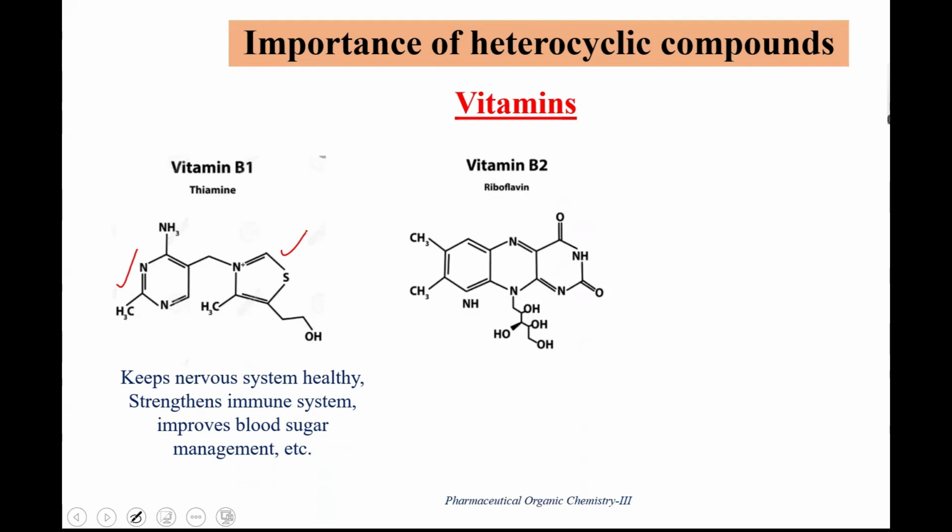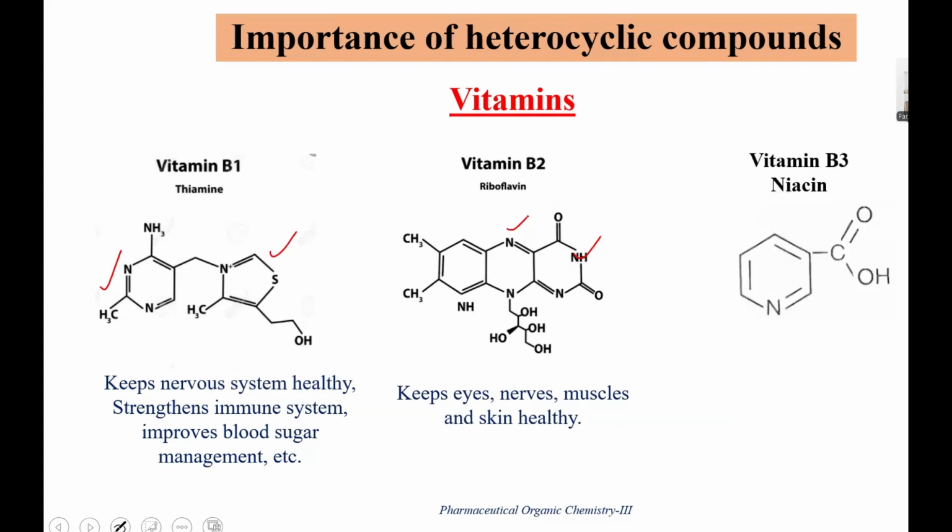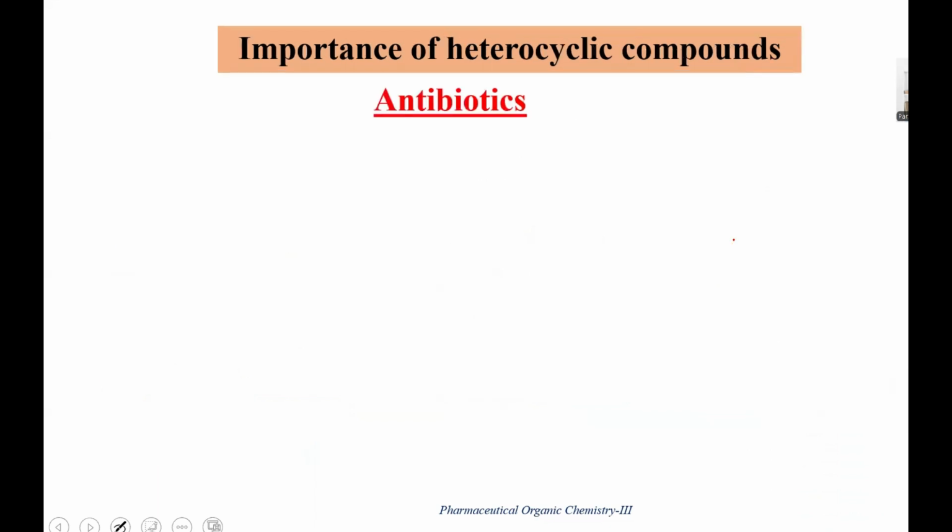Then vitamin B2, also known as riboflavin, also contains heterocyclic systems. And vitamin B3, also known as niacin, contains a pyridine ring system, which helps enzymes to work properly and helps skin, nerves, and the digestive tract stay healthy. These are a few examples of vitamins which contain heterocyclic rings in their structure.